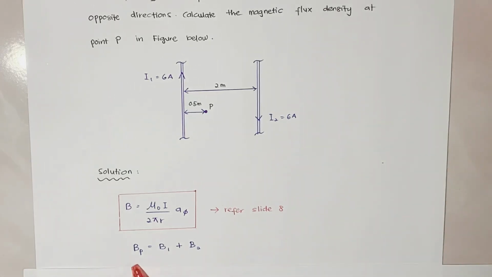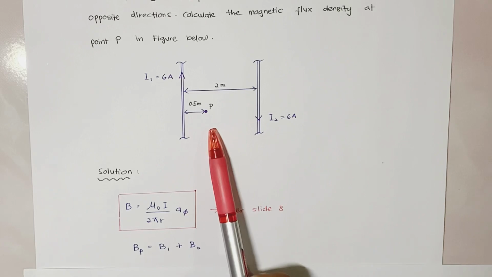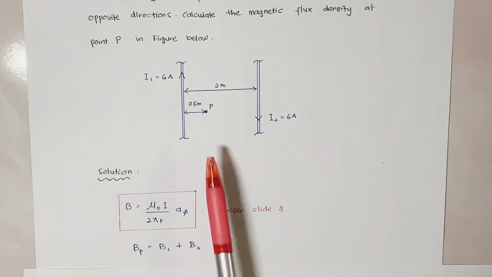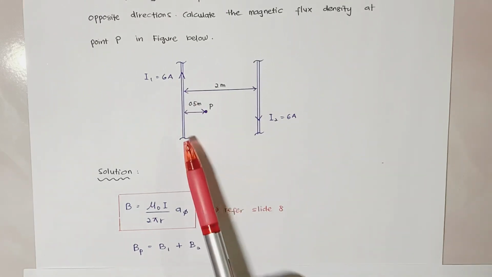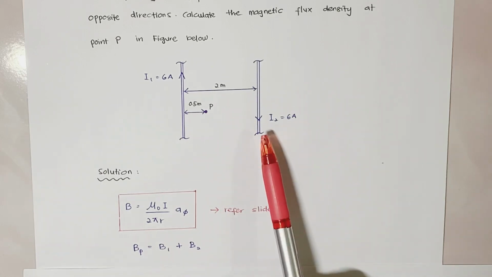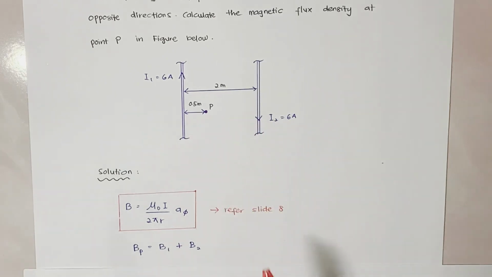So in order to find the magnetic flux density at point P, you need to find B1, the magnetic flux density from conductor 1 to P, and B2 from conductor 2 to point P.